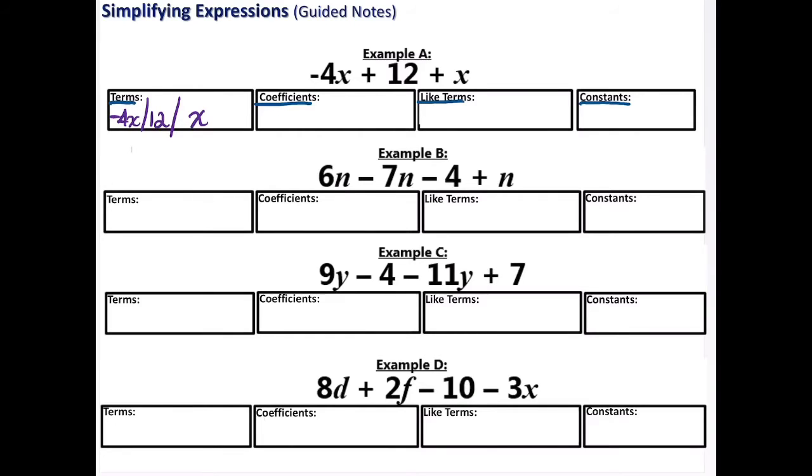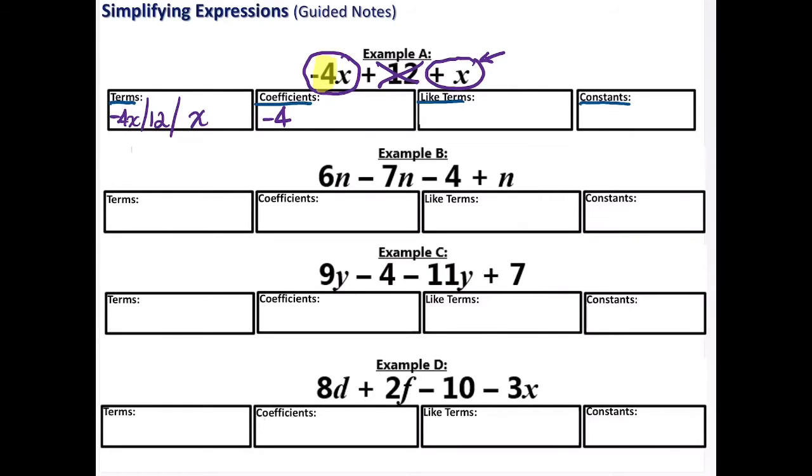The coefficient is the number that is the factor of a variable. So if you're looking at this term right there, negative 4x, the coefficient is negative 4. Not negative 4x, but just negative 4. Now 12 is a constant that does not count as a coefficient. And then this is where it gets a little bit tricky.